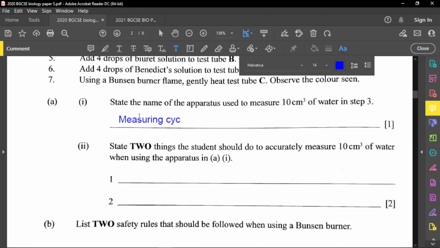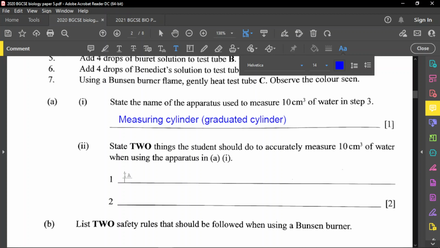A measuring cylinder is also called a graduated cylinder. Now, a beaker is not good to measure 10 ml. A beaker normally has larger graduations and the smaller markings are not as precise, so it's not necessarily good to use a beaker. But yeah, a measuring cylinder is the best thing.